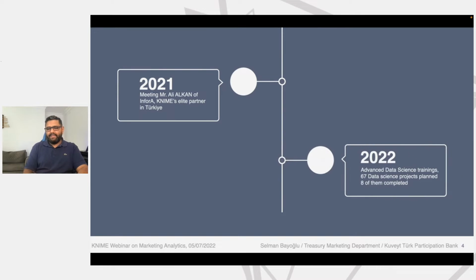Then we received very brilliant advanced data science trainings from Mr. Ali Alkan, and planned 67 data science projects after a 2-day workshop with our fellow departments in our group, which is Treasury and FI group in our bank. So far, 8 of these projects have been completed, and we continue to do next projects. And here, the journey doesn't end, it goes on.